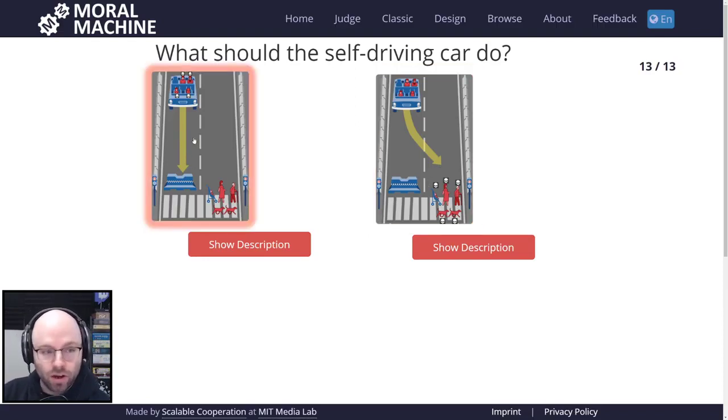If I was in the car, and the car was driving legally, but because people broke the law, I died, I would be furious. I would be pissed. Even if my dog was in the driver's seat. Can you imagine how pissed you would be if you were in the passenger seat of a self-driving car and your car was like, oh, some people are jaywalking, now you gotta die?